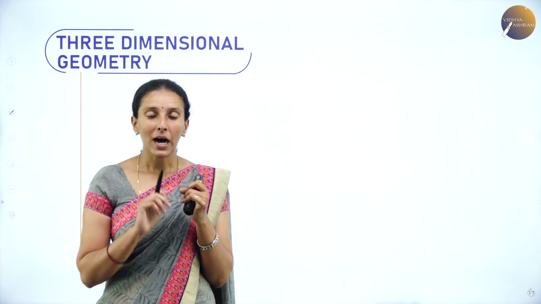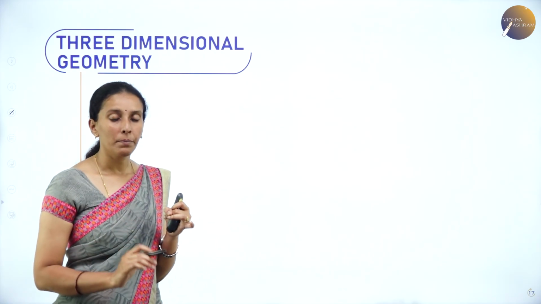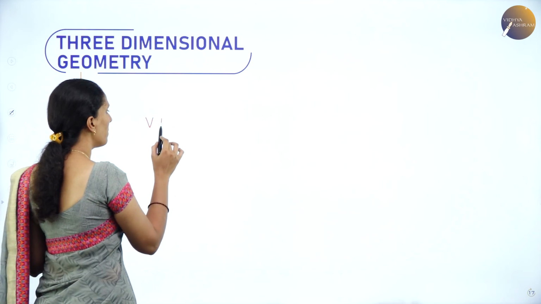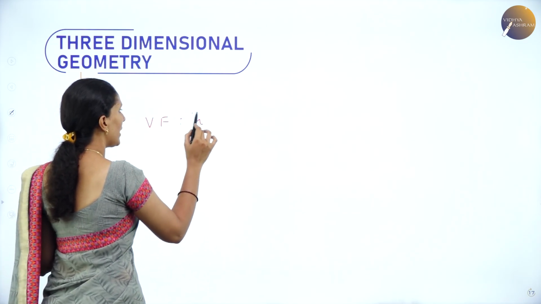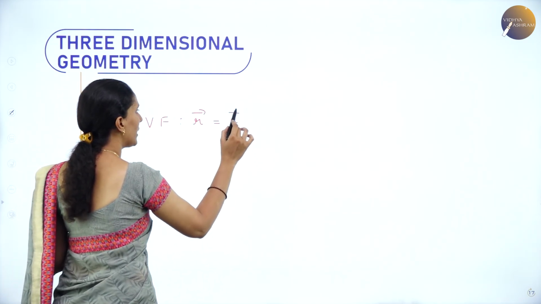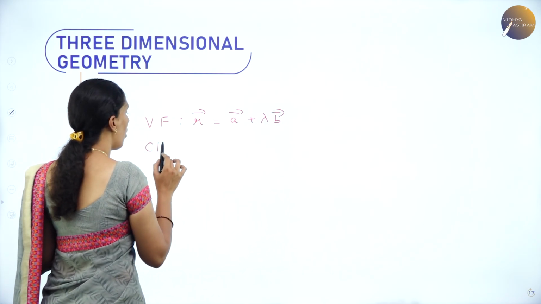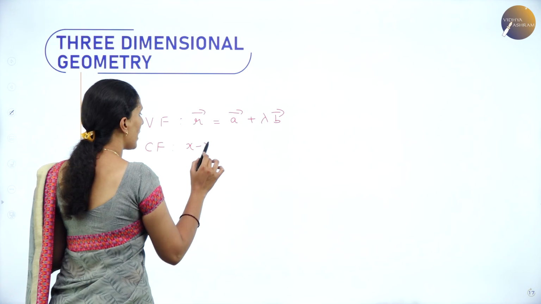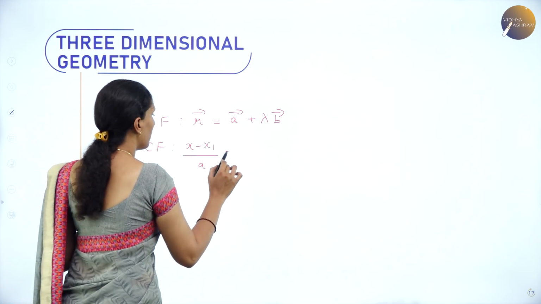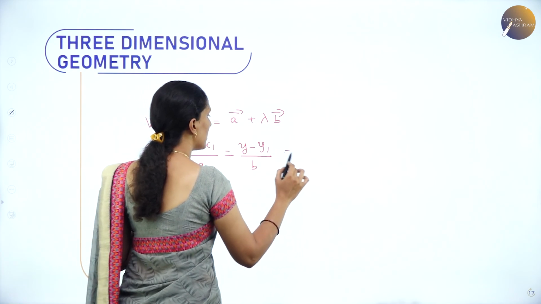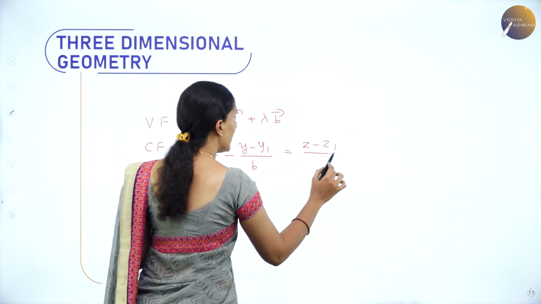So thus in today's session we have learnt the derivation of the equation of a line passing through the given point and parallel to a vector, whose vector form is given by vector r is equal to vector a plus lambda b, and Cartesian form is given by x minus x1 by a, y minus y1 by b, and z minus z1 by c.